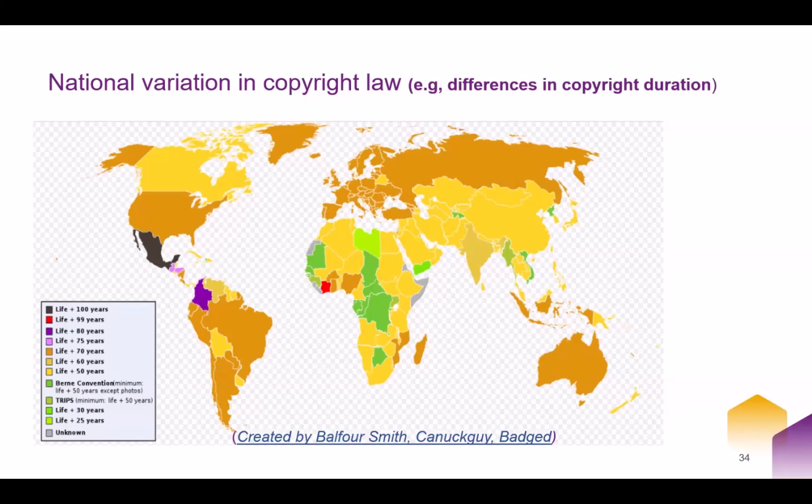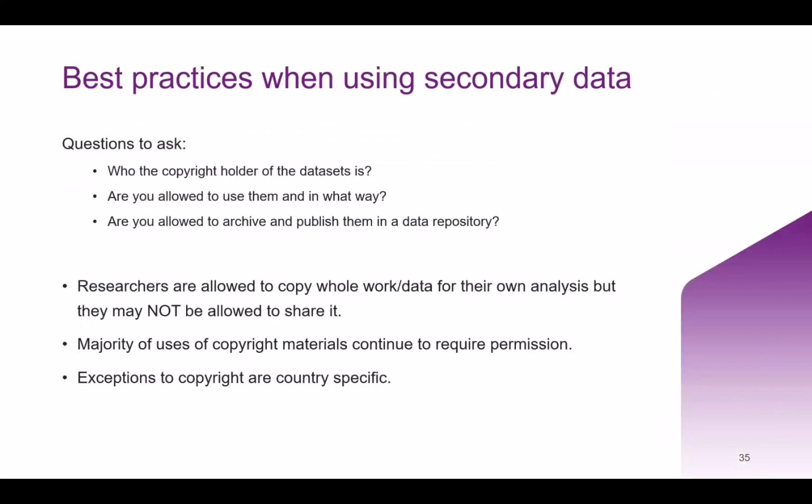In terms of copyright ownership, if you are working across countries, you should be aware of the national variations as well. That's an important issue. So if you plan to use secondary data, always consider these questions: who is the copyright holder of the data set, can you use these data sets, and in what way?